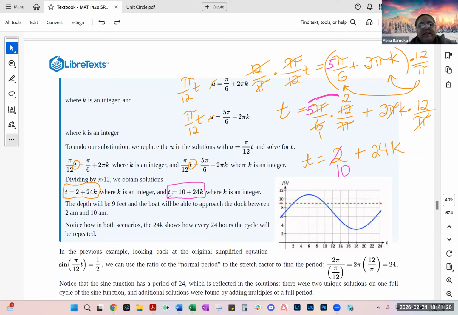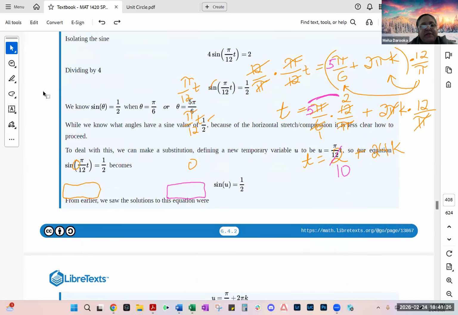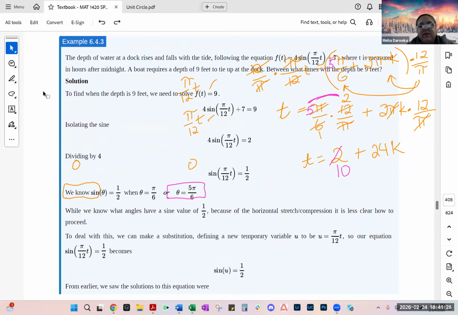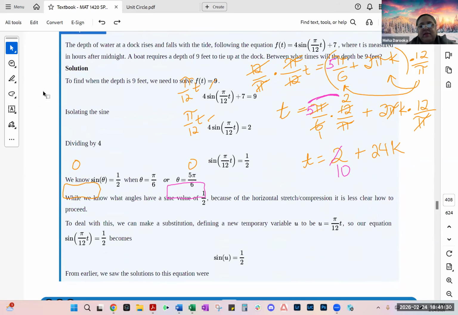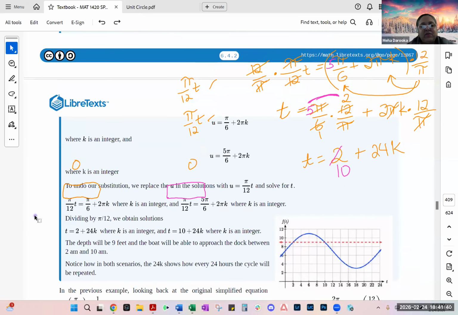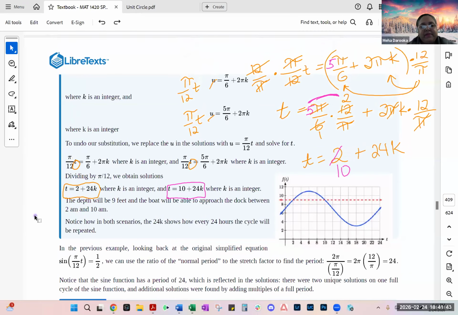So remember, t told us that it was the time in hours after midnight. If you look at the very first line of the problem, it tells us t is measured in hours after midnight. So we have two different values for t once we simplified this.